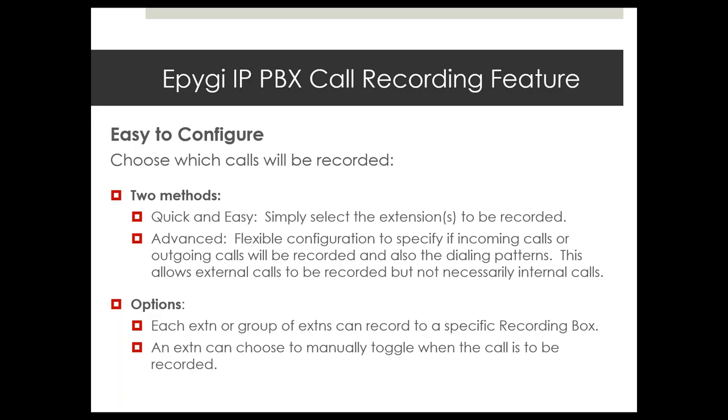You can also choose whether an extension is manually toggled for when the call is to be recorded or not. Maybe certain users only want to record when they want the call recorded, so you can offer that option.